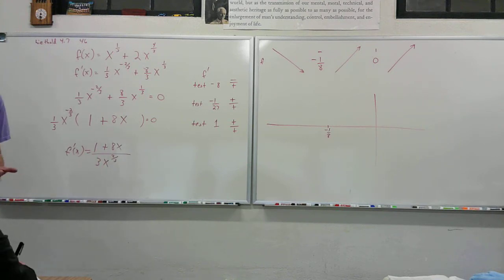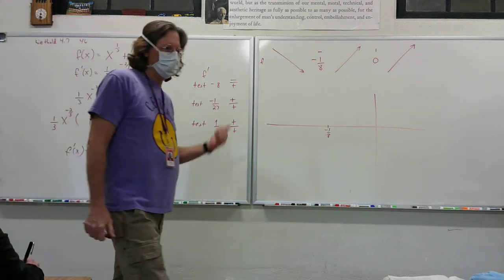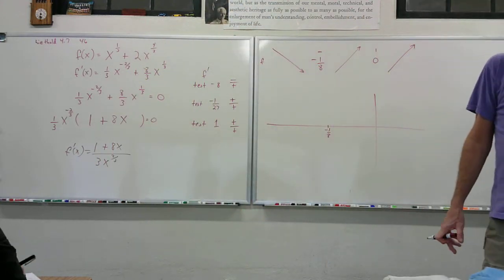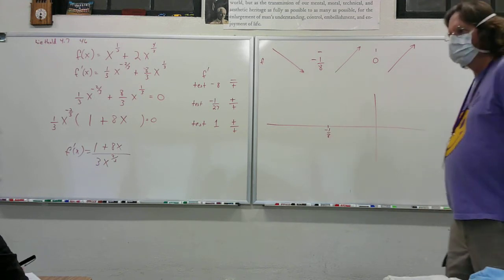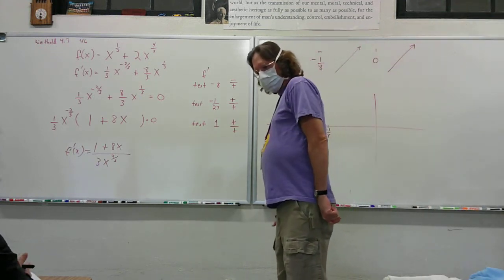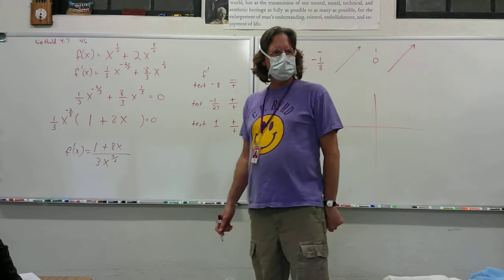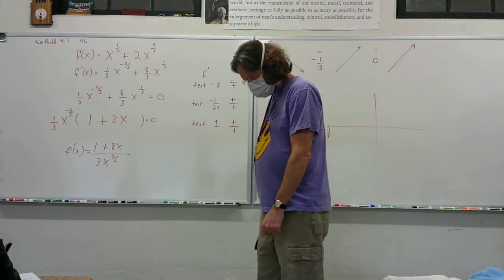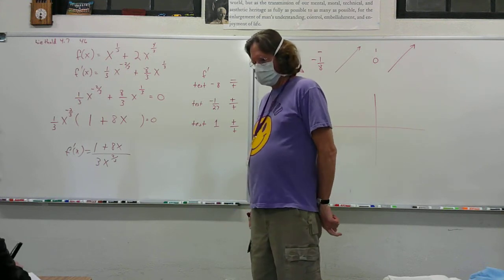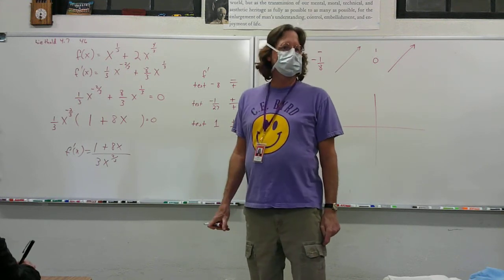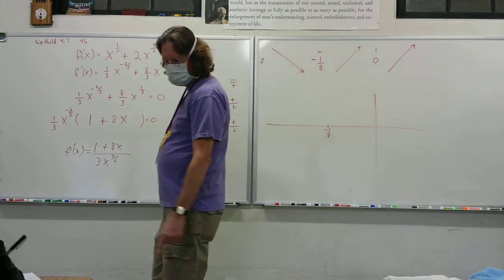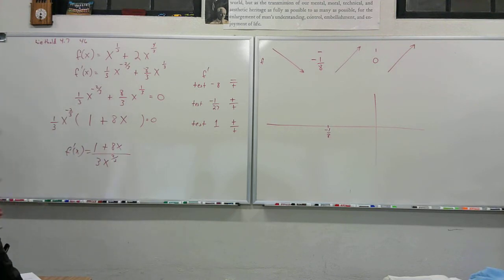Y prime tells you whether it's increasing, decreasing, or what the critical numbers are. Okay, skip a line or two. Concavity, inflection points. You use the second derivative. And put out there smiling and frowning too for concavity so that you'll know what we're talking about. When does it smile, when does it frown?